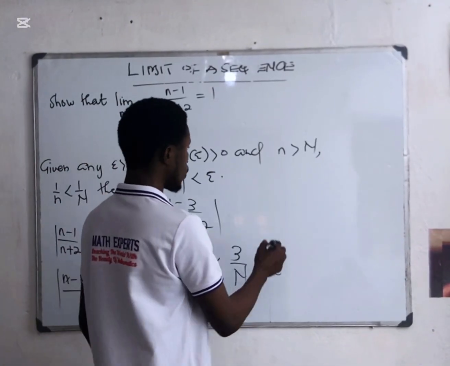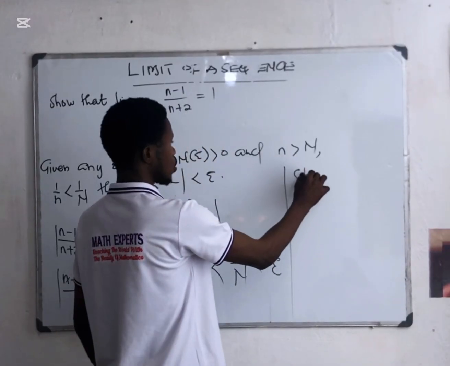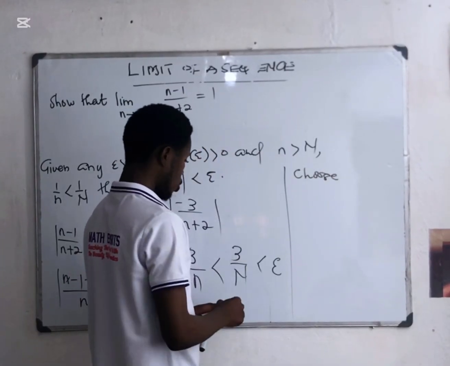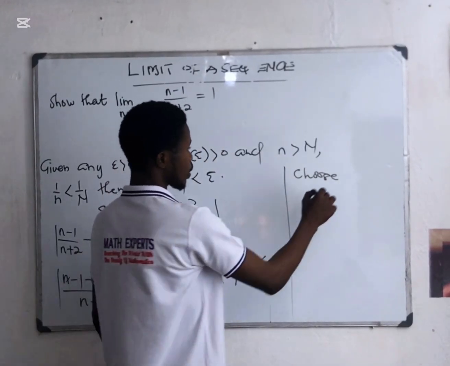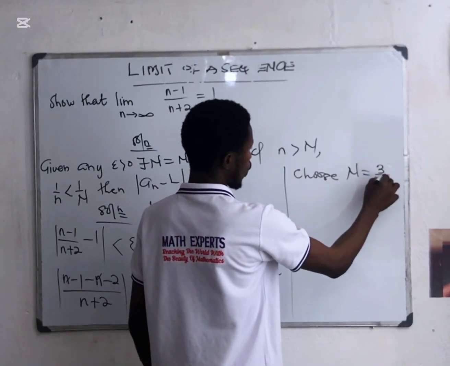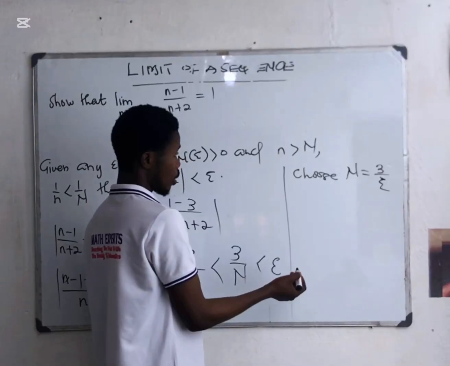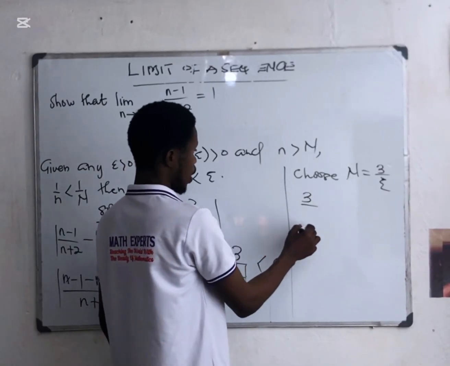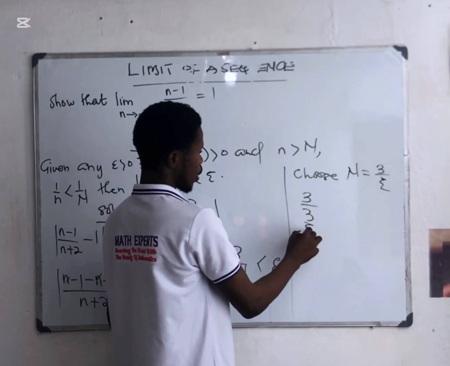So in this case, what we are going to do is that we choose capital N to equal 3 over epsilon. So we're going to have 3 over 3 over epsilon.